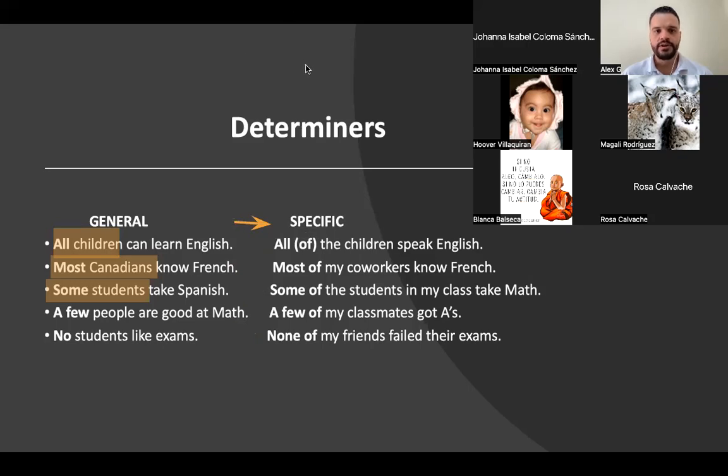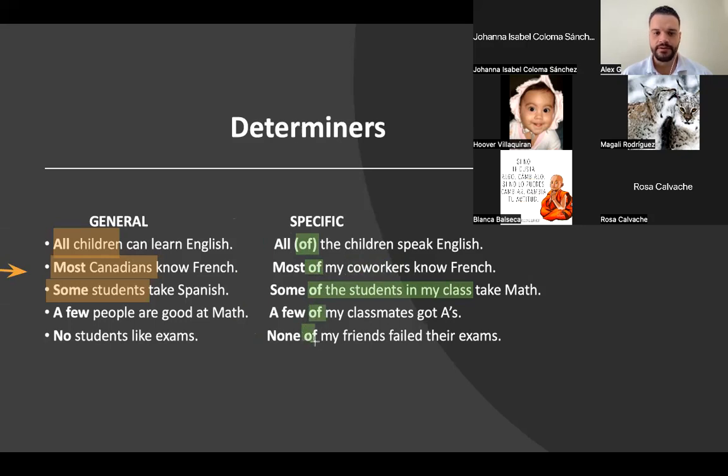So now, very, very simple. The only difference that we're going to use now is that we're going to use of to specify a specific group. Students in my class, my co-workers. So now it's a specific group, and now we use of.